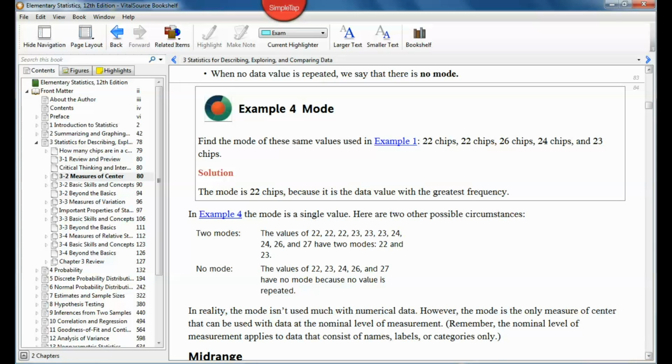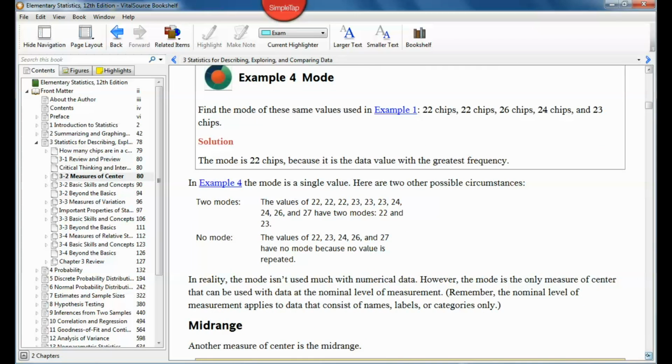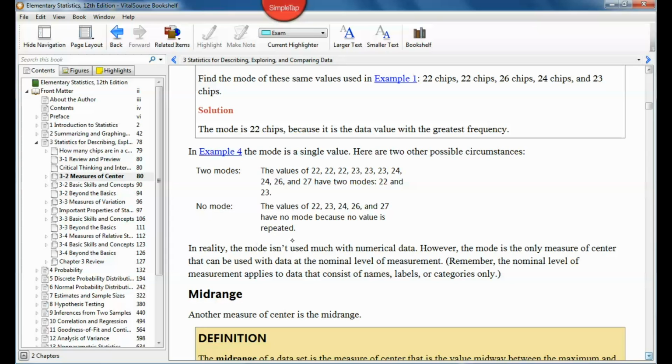All right, now this is important too. In reality, the mode isn't used much with numerical data. However, the mode is the only measure of center that can be used with data at the nominal level of measurement. Remember, the nominal level of measurement applies to data that consists of names, labels, and categories.